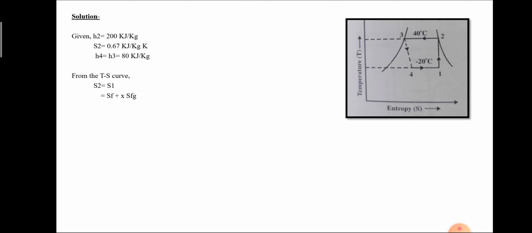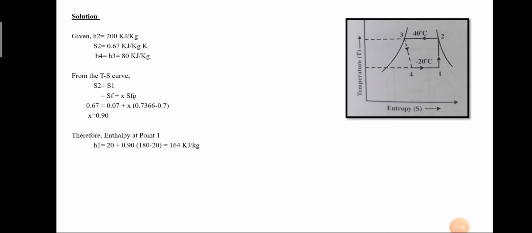So S1 can be calculated using the dryness fraction, that is Sf plus x into Sfg. These values are given. Sfg is Sg minus Sf. Putting all these values, you will get the dryness fraction equal to 0.90. Now you can calculate H1. The H1 value will be 20 plus 0.90 times (180 minus 20), so your H1 value will be 164 kilojoule per kg.